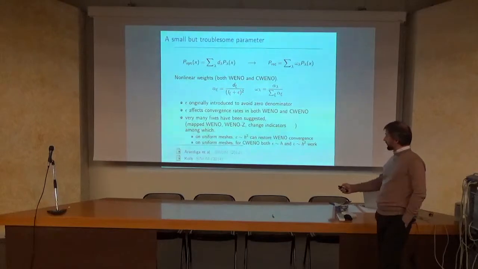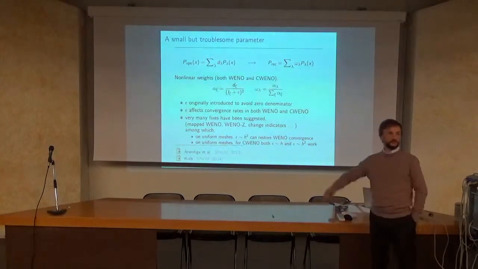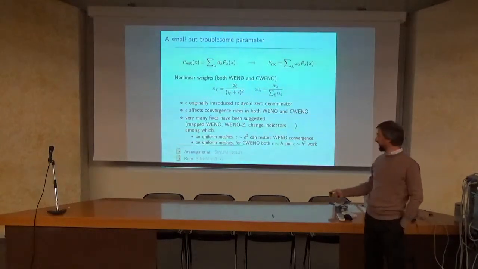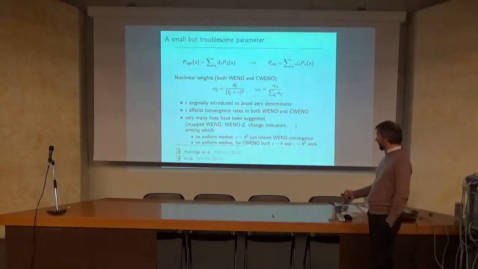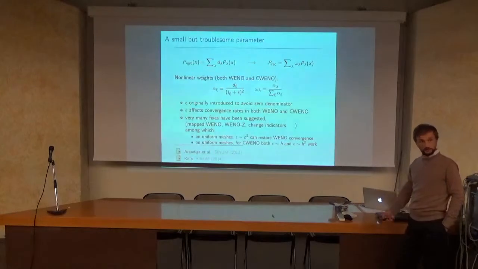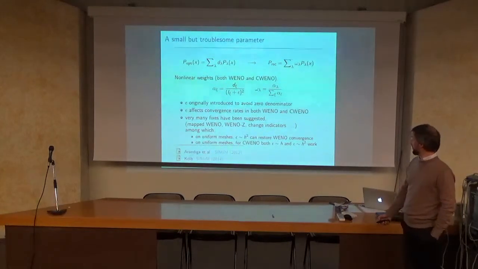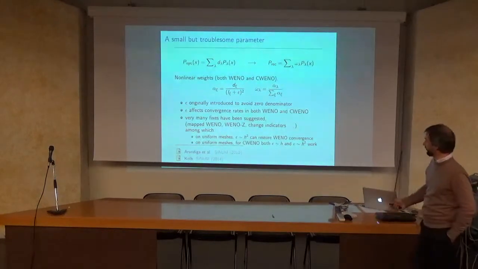The epsilon here was originally introduced just to avoid the division by 0, because if the solution is completely flat, then the smoothness indicator is 0. But it was soon realized that the choice of epsilon does affect the convergence rates in both cases. And there are probably more fixes than people in this room.